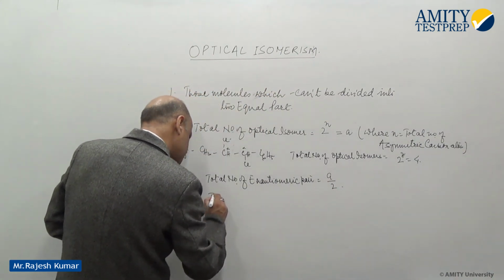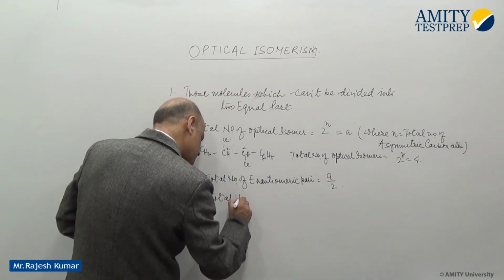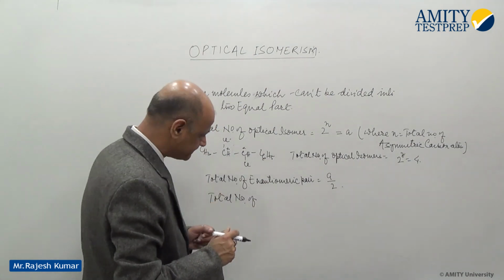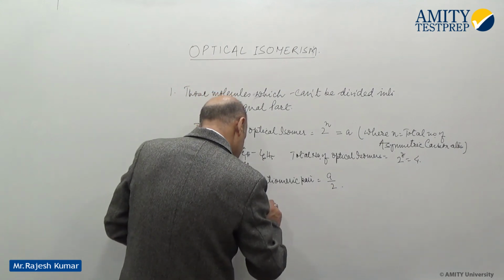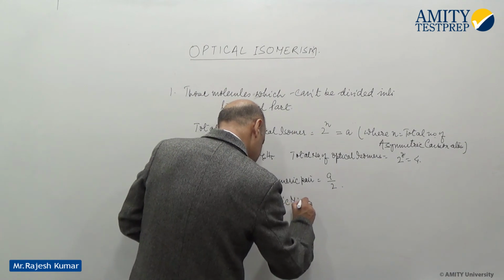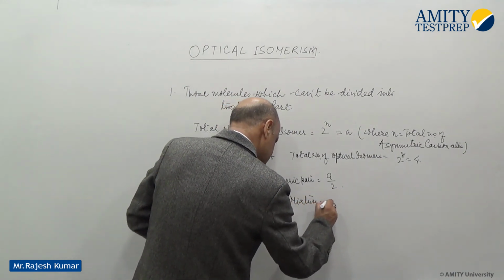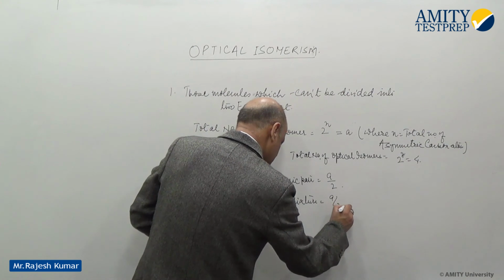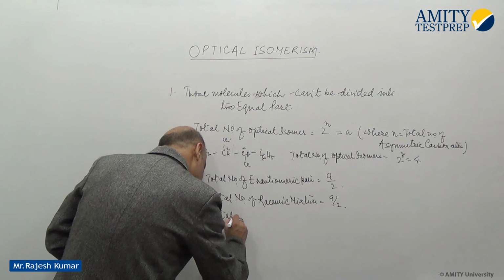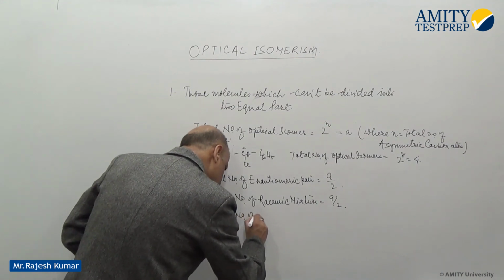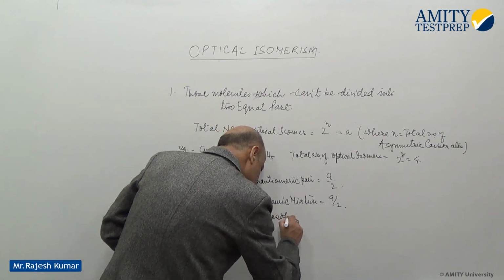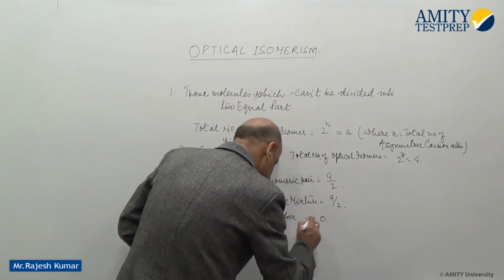Total number of racemic mixtures is equal to A by 2, and total number of mesoform is equal to 0.